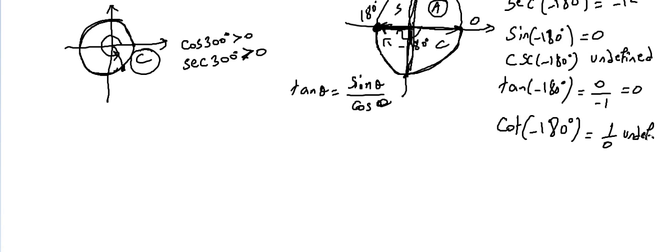We still have just about 2 minutes. Let me talk about the reference angle, theta reference, and we will do examples of it in the next video. What's the meaning of theta reference? Theta reference is simply the angle the terminal ray of theta makes with the x-axis.